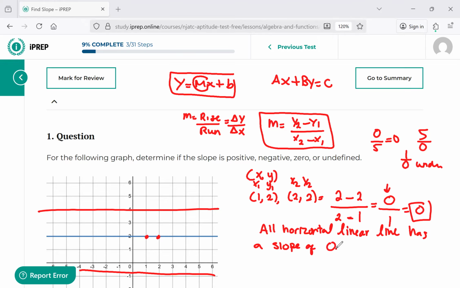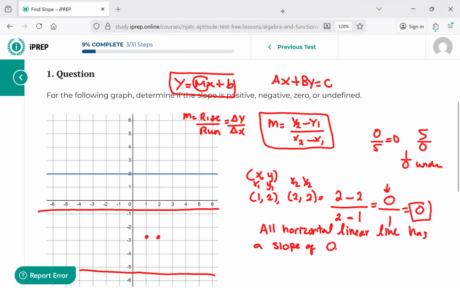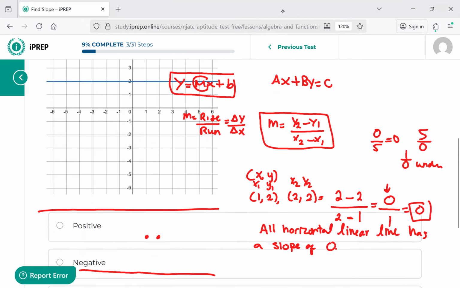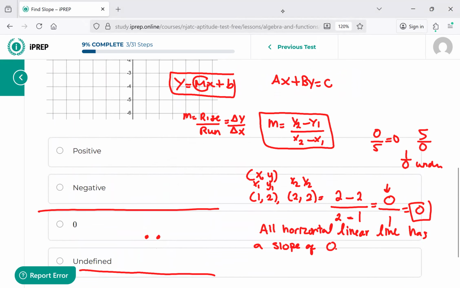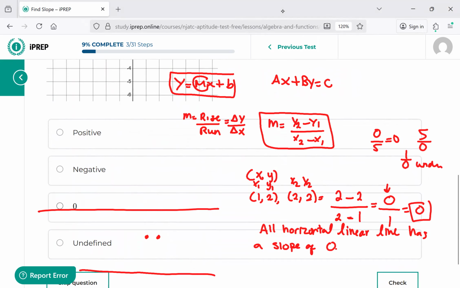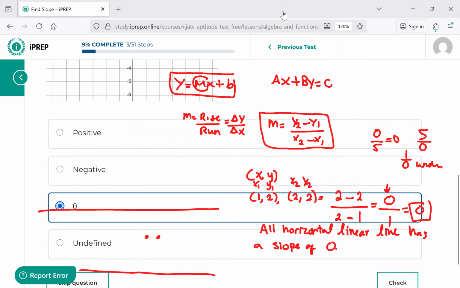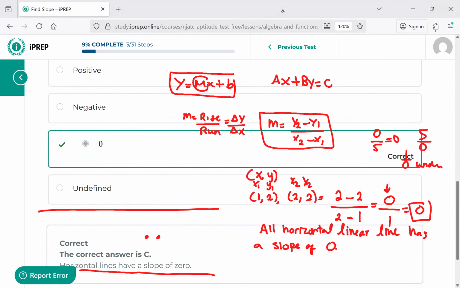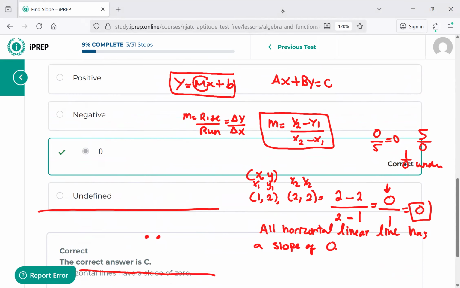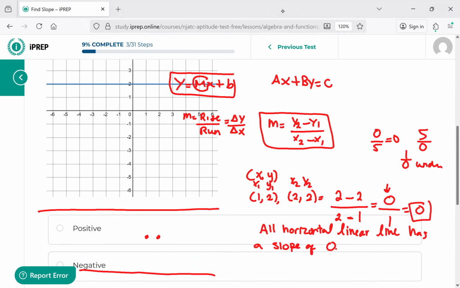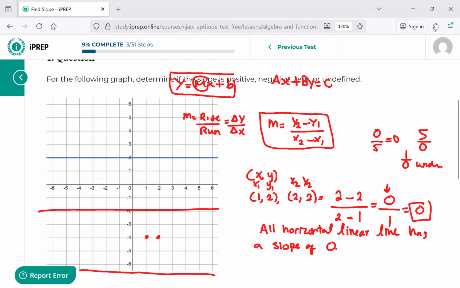Okay, good. So this one, we said it's 0. Correct. So just note that all horizontal lines will always have a slope of zero, because we just did the algebra.